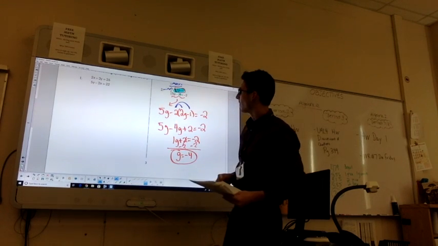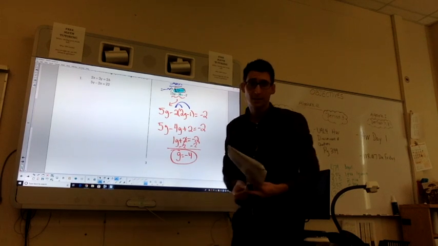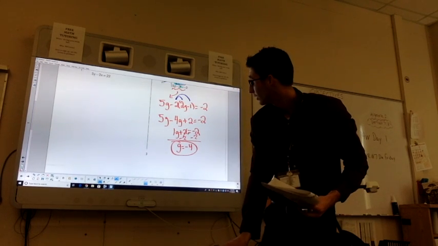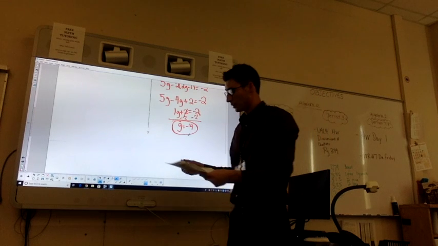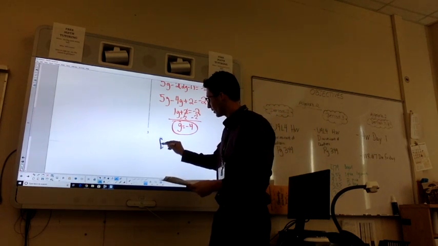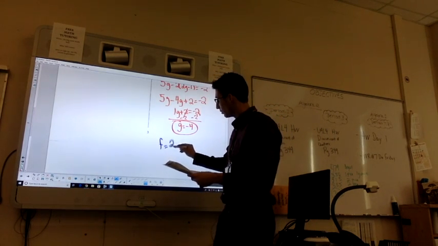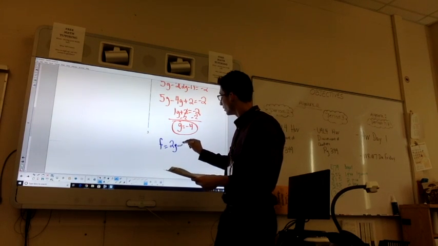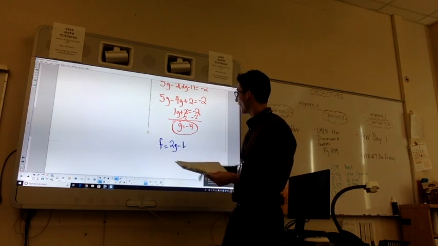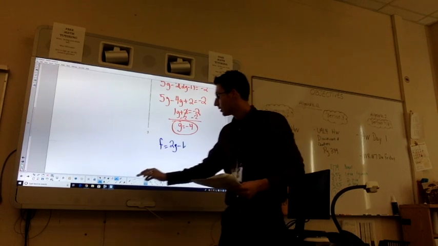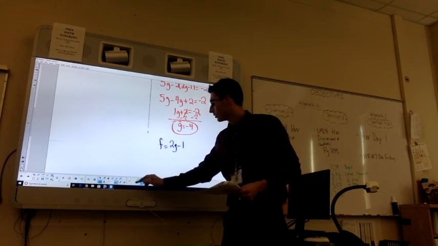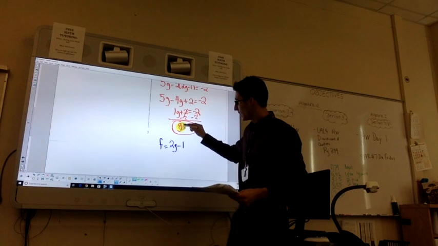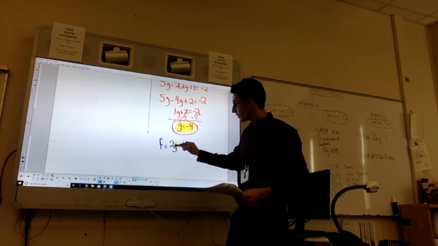F equals 2g minus 1. Because f is already by itself, why make life harder? So I'm now going to use f equals 2g minus 1. And I'm going to substitute in what I know. So I know g is equal to negative 4. So that's what I'm going to substitute in for g.